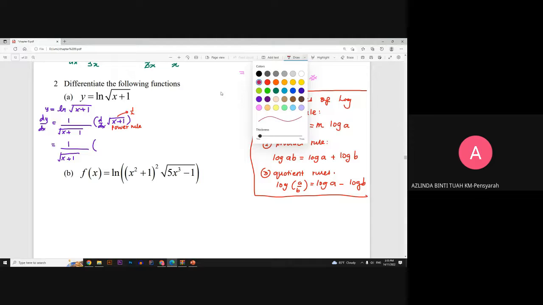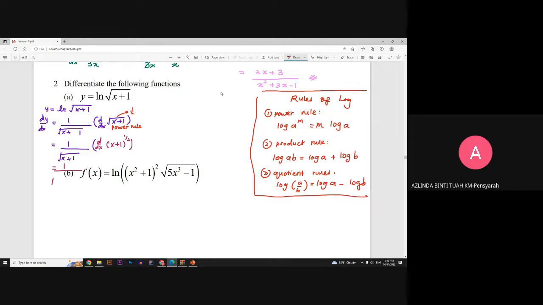Okay. So it becomes differentiate of x plus 1 to the power of 1 over 2. Because of the power 1 over 2, only then can we see we can apply the power rule. Okay, now I'm going to apply the power rule with these 3 steps.